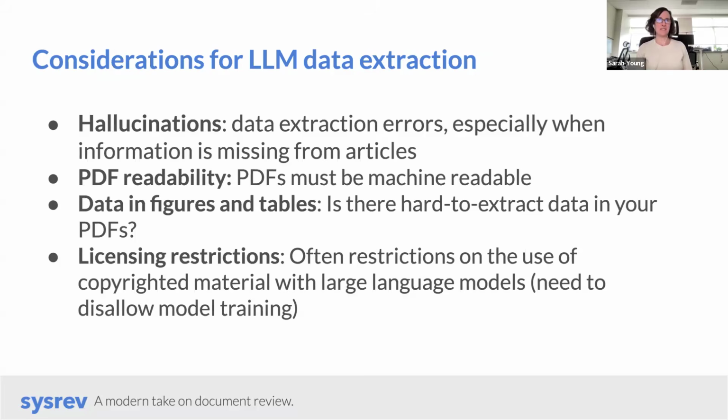And then also licensing restrictions. We often think about the concerns around uploading a full-text PDF to a commercial chatbot, say like ChatGPT, and what kinds of restrictions there might be on our ability to do that with this copyrighted material. I think the main thing to think about is that, generally speaking, you can't do this in a way where the model is then using that data for its training.